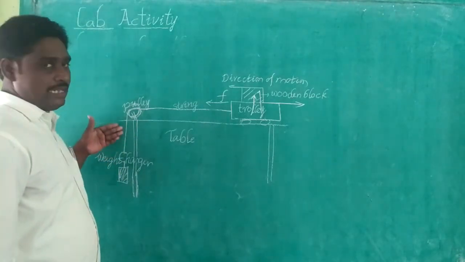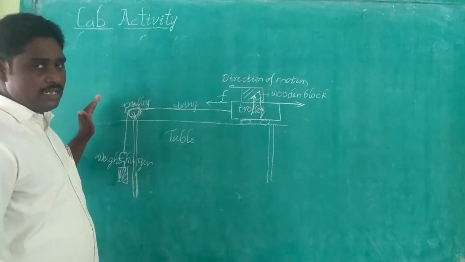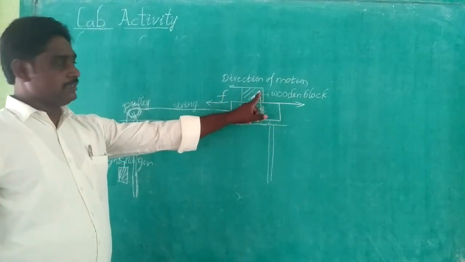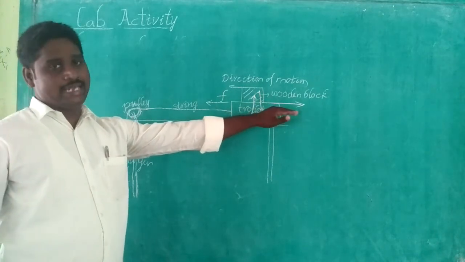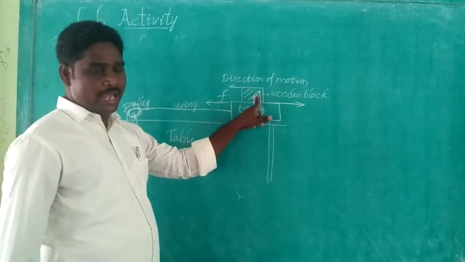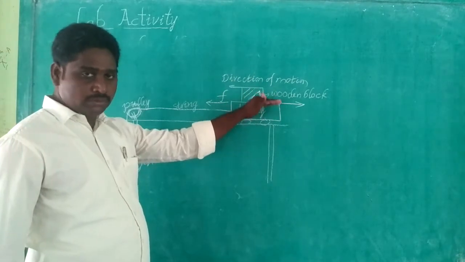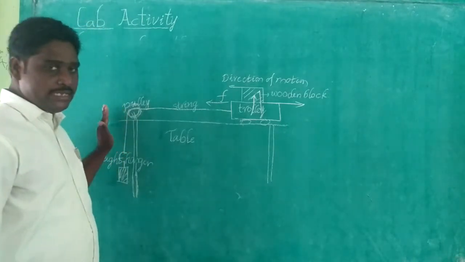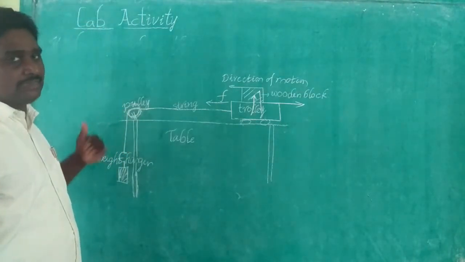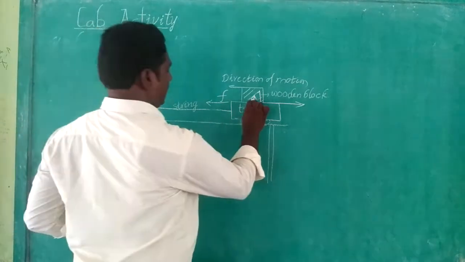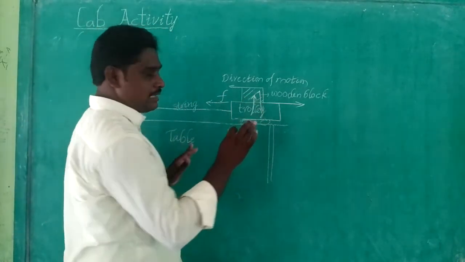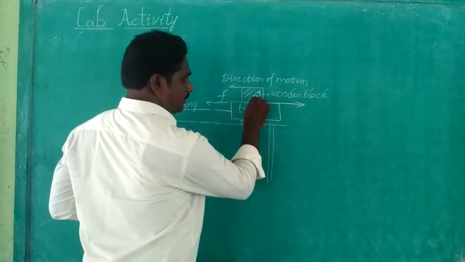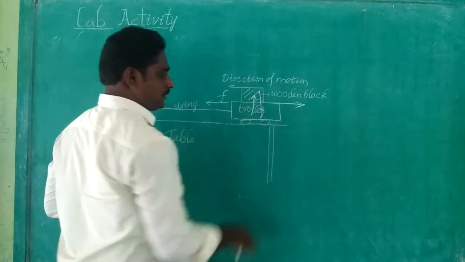At a certain limiting weight or a certain limiting acceleration, the wooden plank comes into motion in the reverse direction.